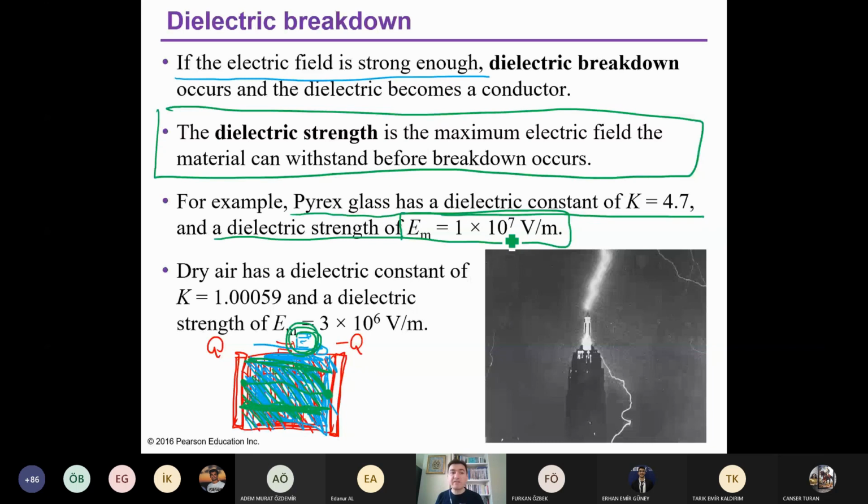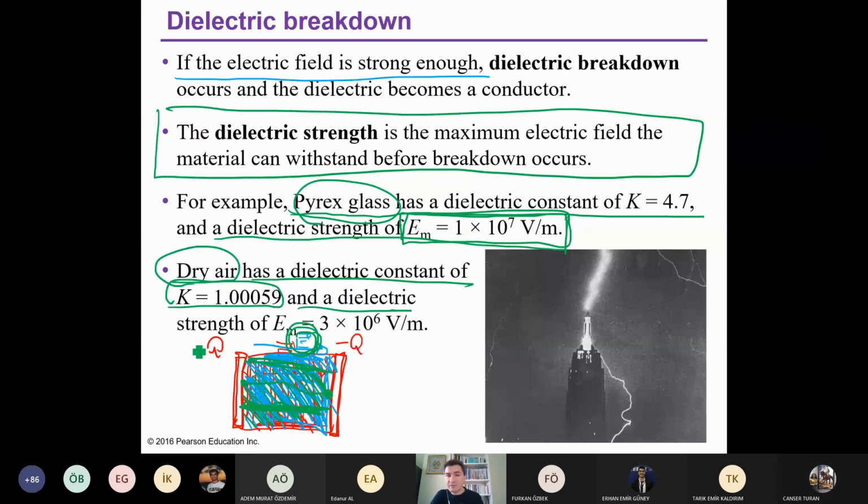For example, dry air has a dielectric constant more or less around 1, like vacuum, and a dielectric strength of 3 times 10 to 6 volt per meter.